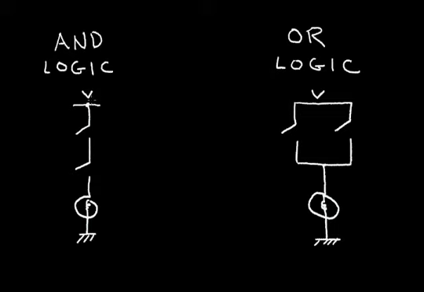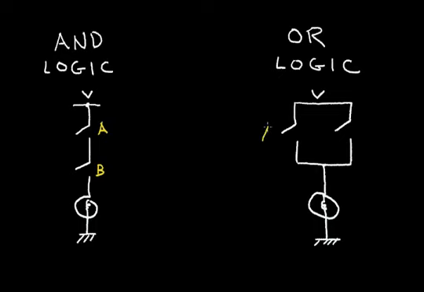At the left, I have a voltage V, and I have a switch that I'll call switch A, and I have a switch B. And I have a light bulb. And if this voltage V is attached to the light bulb, it'll light up. Over on the right side, I have an OR structure.